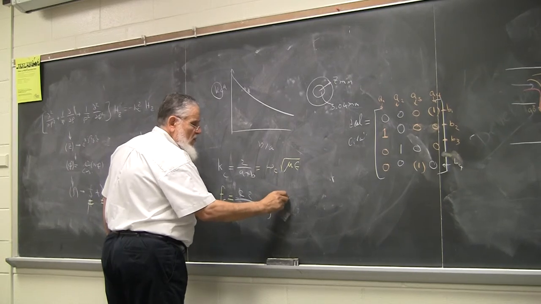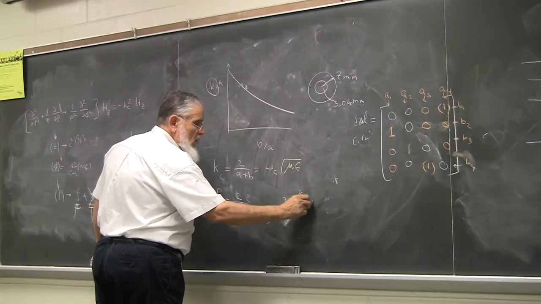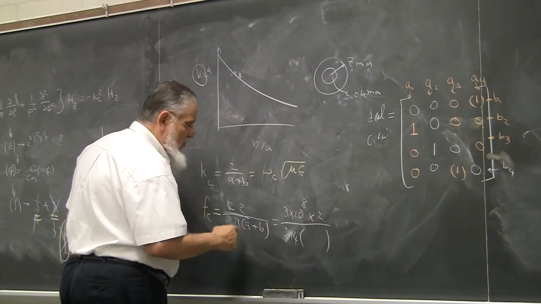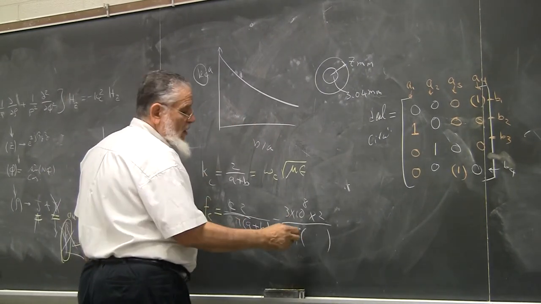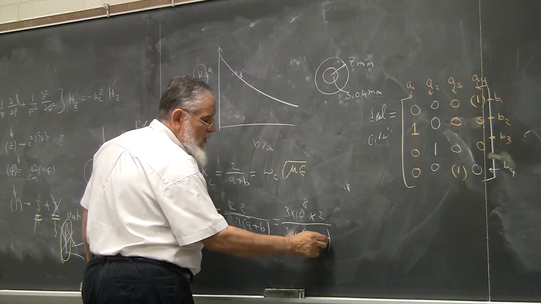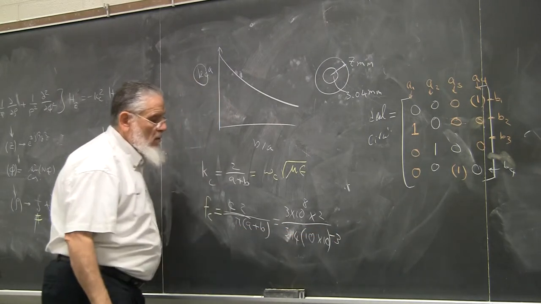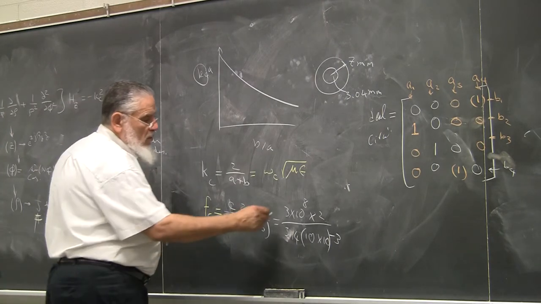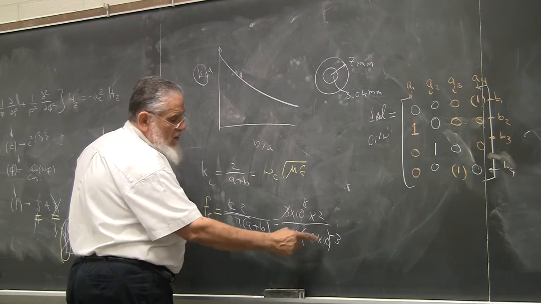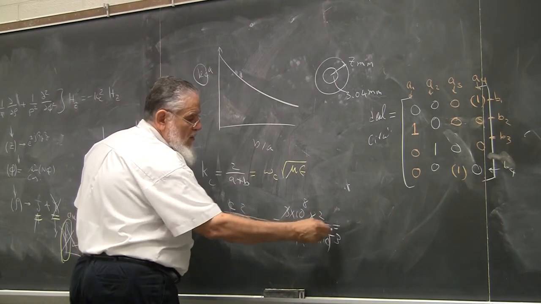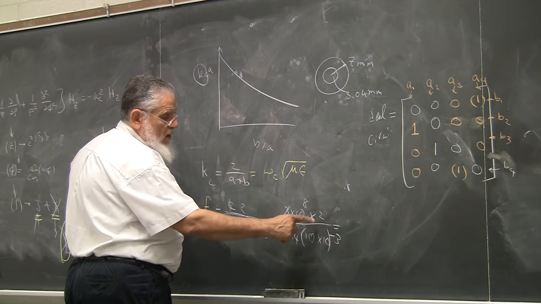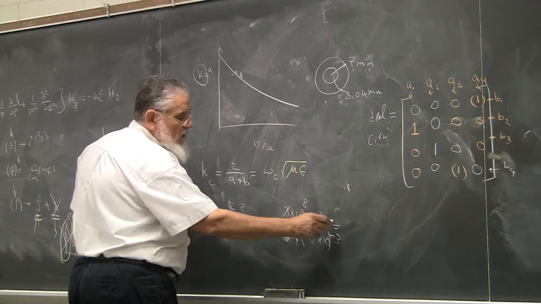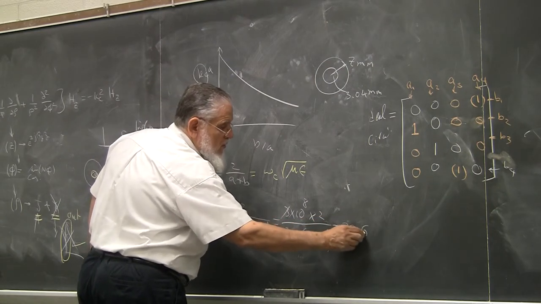So that's 3 times 10 to the 8 times 2 divided by pi, 3.14, times a plus b, which is 10 times 10 to the minus 3. So approximately, that's what? 20 gigahertz.